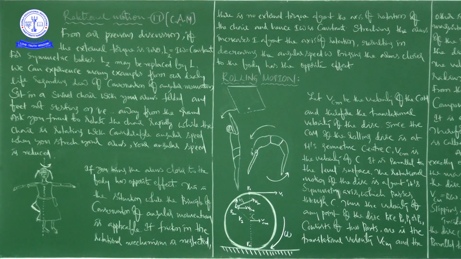So based on that sentence, let VCM be the velocity of the center of mass, and therefore you can say that VCM is also the translational velocity of the disk. Okay. So he is also saying, since the center of mass of the rolling disk is at its geometric center.